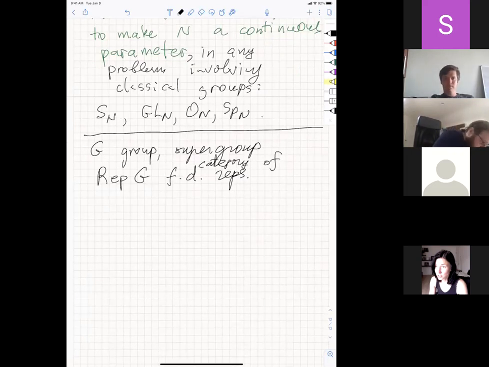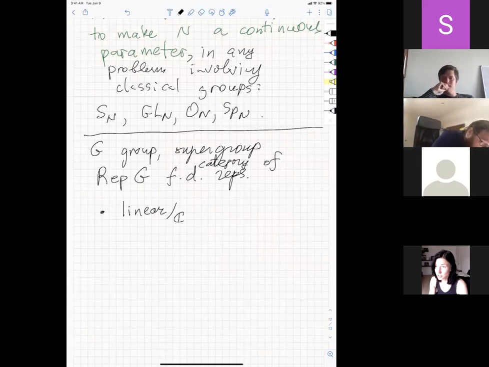So first of all, it's a category which is linear over your field, in this case complex numbers, which means that all homomorphisms of representations form a vector space over C.